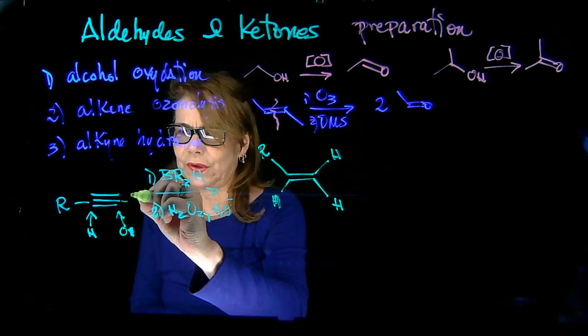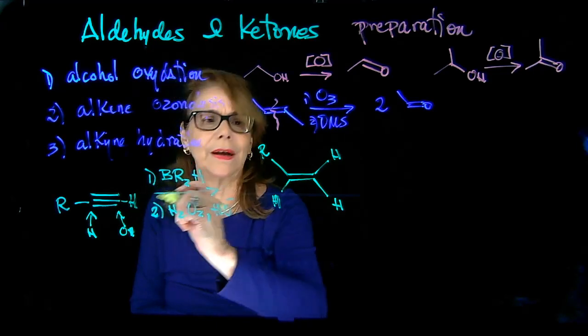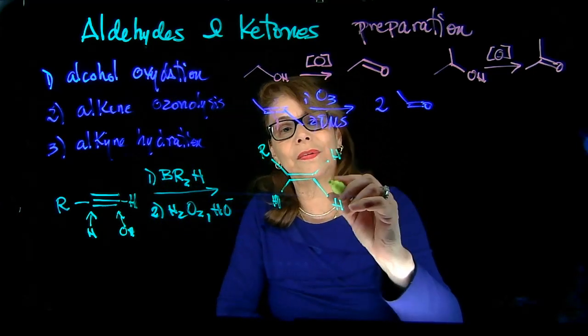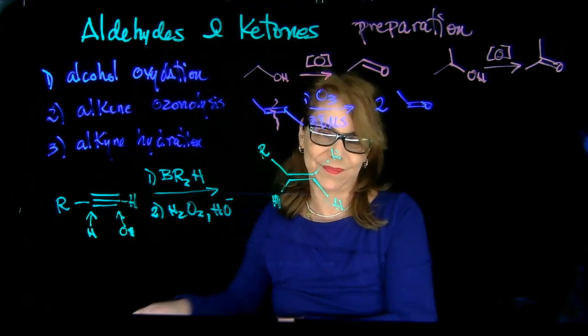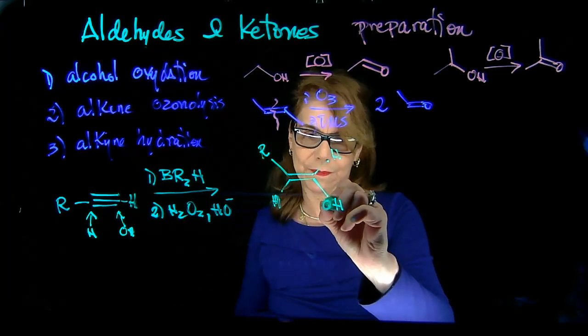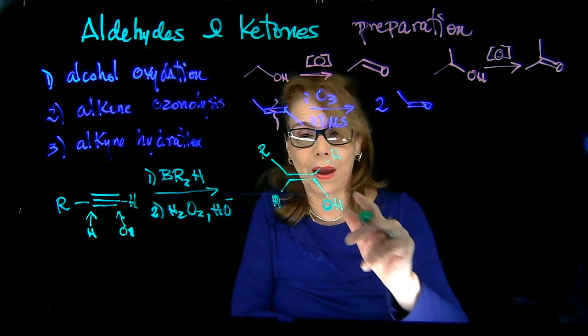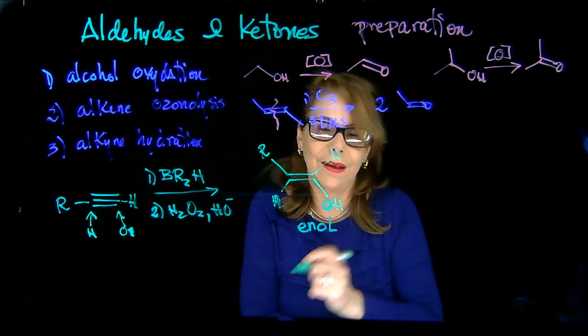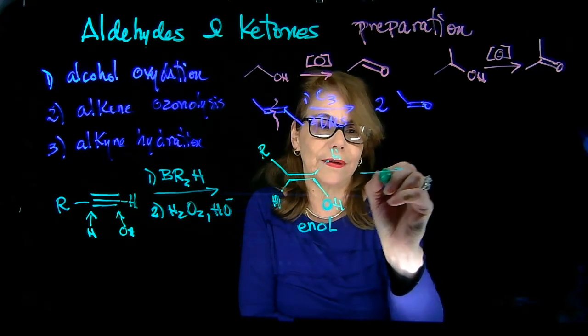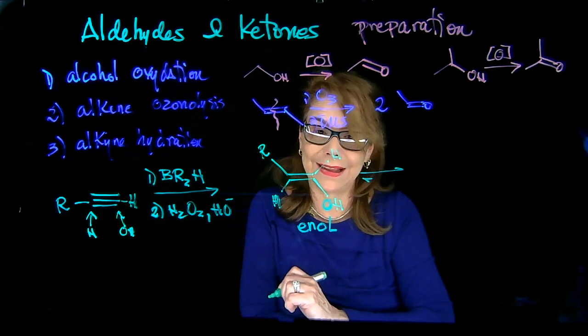There was a hydrogen here in the terminal alkyne. Yes? And so here I will have OH. I forgot the O. Very important. So this compound is an enol, and that's an intermediate. That tautomerizes quickly to the aldehyde.